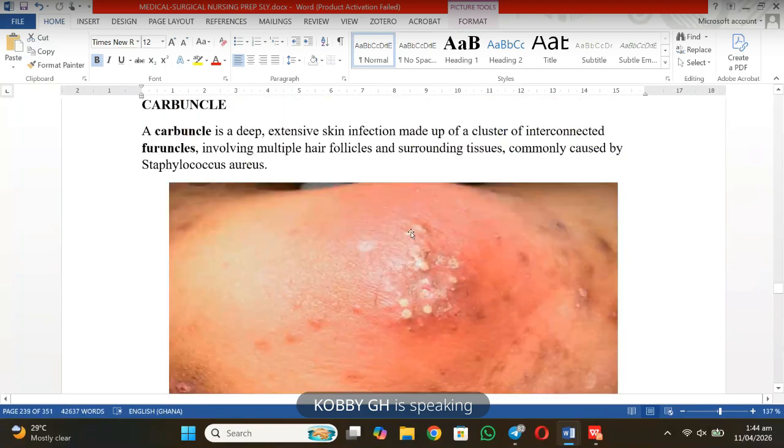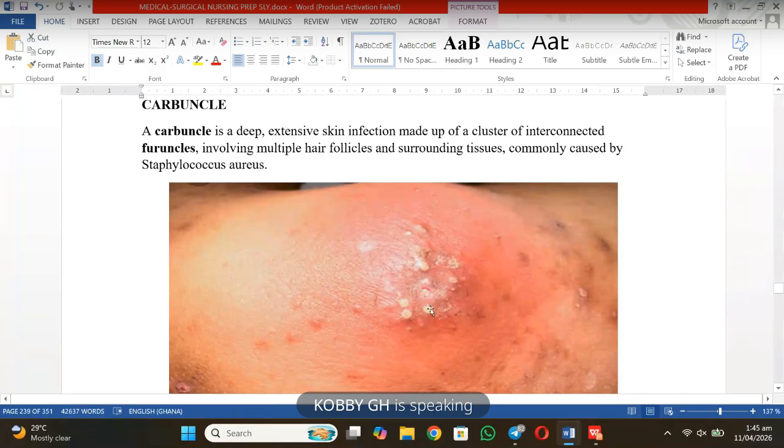It's the same accumulation of pus in the subcutaneous tissue, but multiples of them are occurring in a certain area of the body. This one is what we call the carbuncle. So when we say a carbuncle, it's when multiple pus accumulations occur at different areas in the subcutaneous tissue of the skin, but they are interconnected. Is that okay? So you see here, there is one over here. There is one.